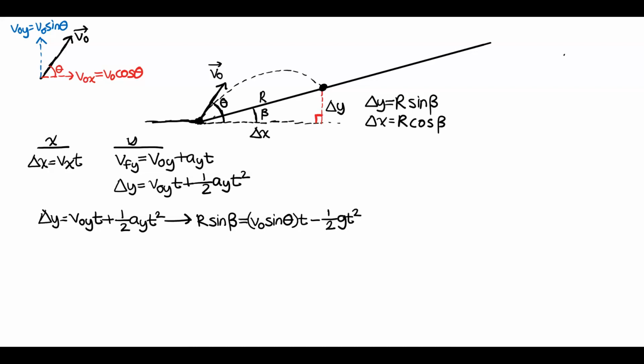And now we run into problem number 2. You can't solve this equation, because we don't know time and we don't know r. We have 2 unknowns in one equation. But there's always hope, because every problem's solvable, in my opinion. When you're given a problem, I always try to find a way to use what you're given in order to find some type of solution.